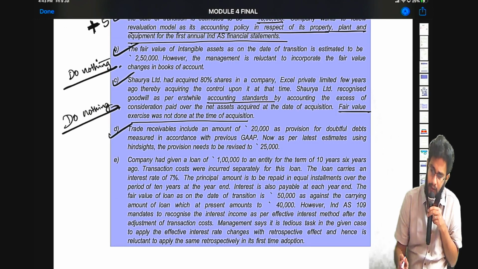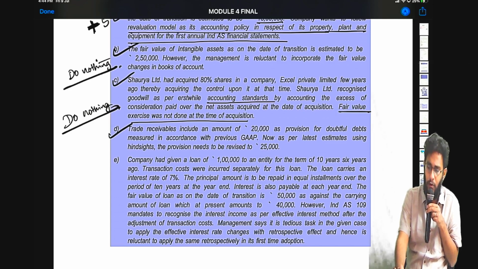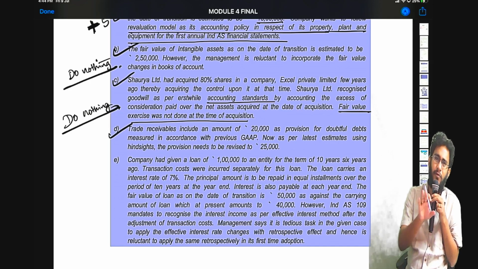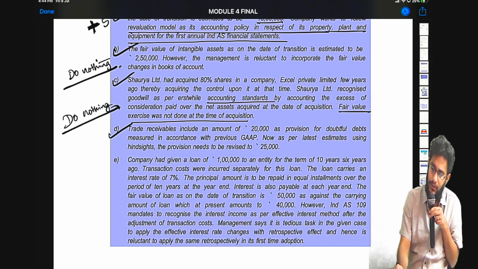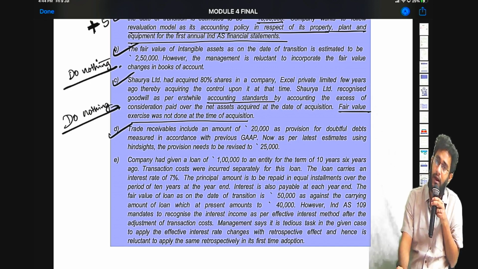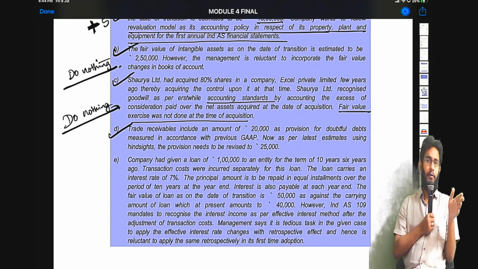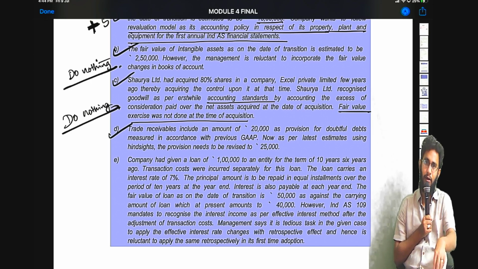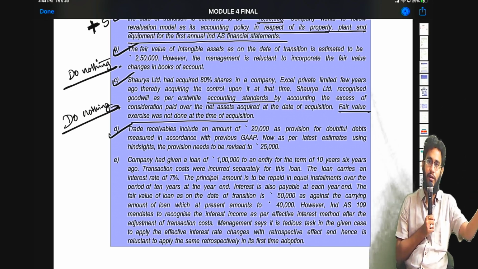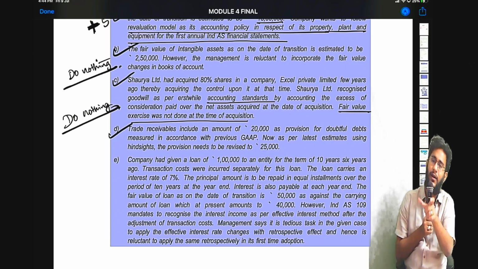Next. Trade receivables include an amount of rupees 20,000 as provision for bad and doubtful debts measured in accordance with previous GAAP. So already 20,000 provision you have created. Now as per the latest estimates using hindsight, the provision needs to be revised to 25,000. I told you this case already. Estimates, sir. When you are doing the date of transition balance sheet, you are not actually standing on that date. You are standing at some future date, going back and preparing the transition date balance sheet.